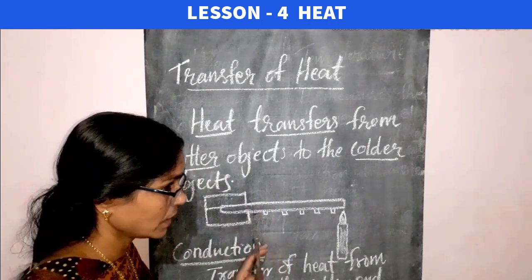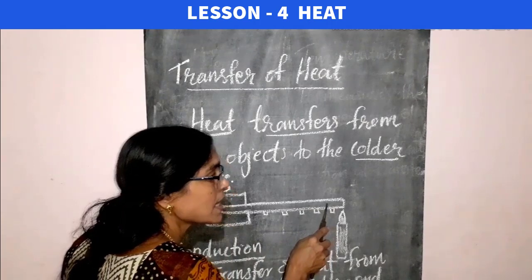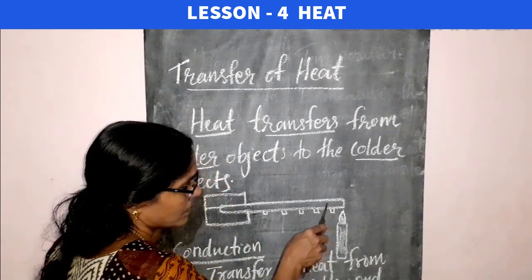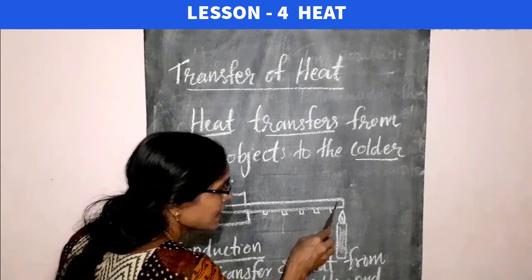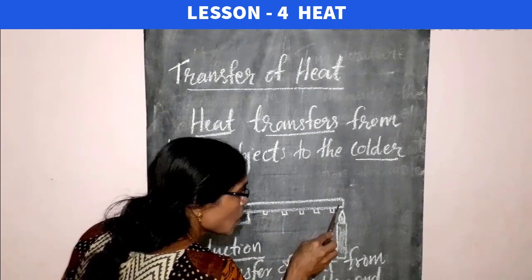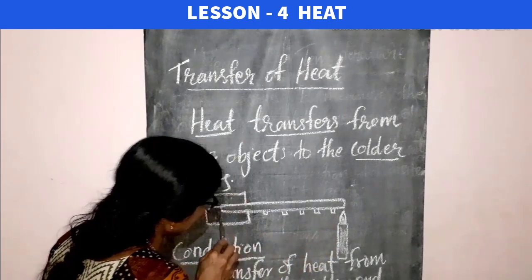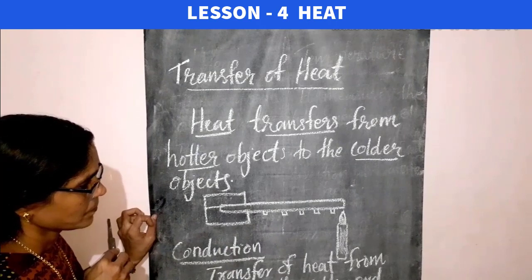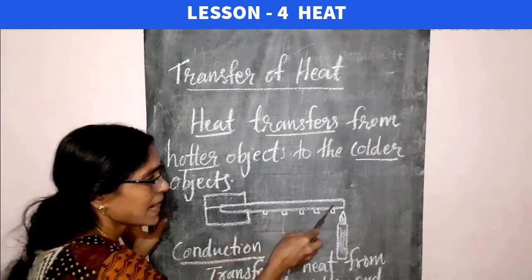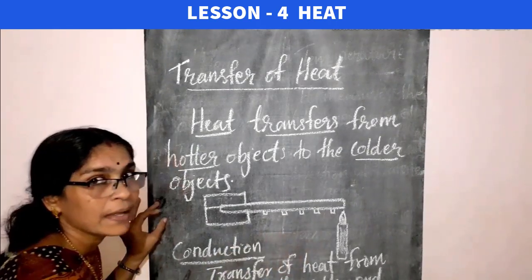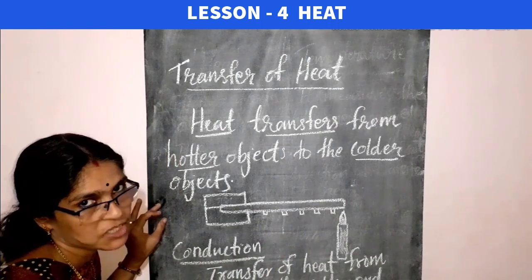They are not moving. They only pass the heat. In this substance, heat passes from the hotter end to the colder end because of the transfer of heat by the process of conduction.